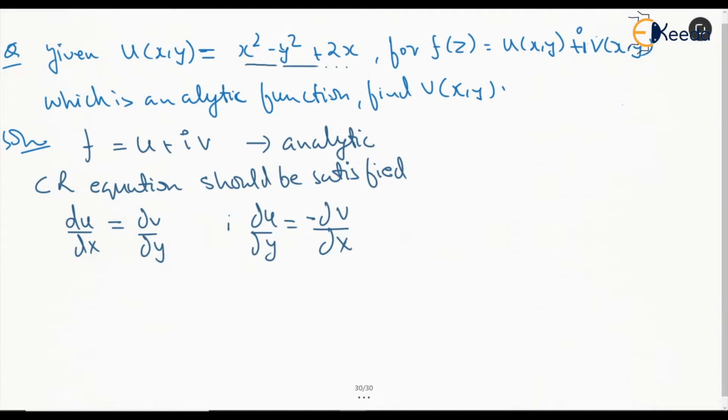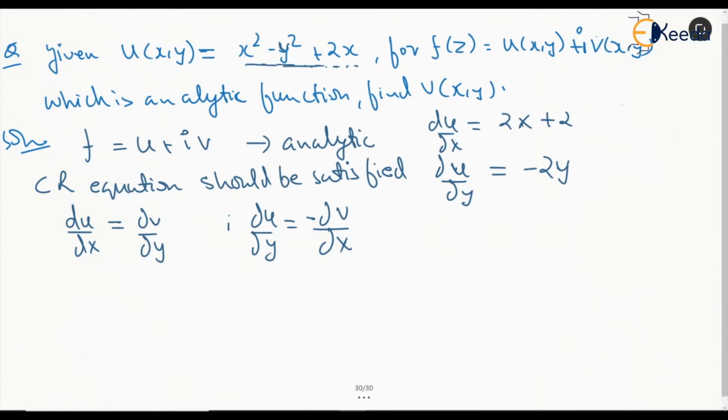u of x, y is already given here. This is x squared minus y squared plus 2x. So let me write it here, du by dx is going to be 2x plus 2, and du by dy is going to be simply minus 2y.